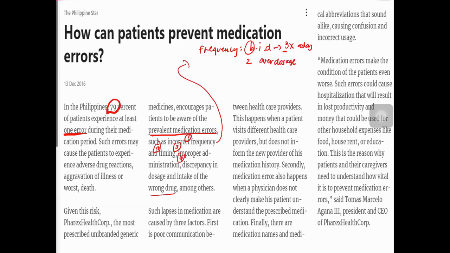Next, we also have the timing. Timing is important for some medication, particularly drugs for diabetes. Drugs for diabetes, for example, should be administered before eating or after eating, and the proper timing should be observed. Or for antibiotics, to avoid the adverse effect, specifically gastric disturbances, you should take the medication at least an hour before or an hour after.